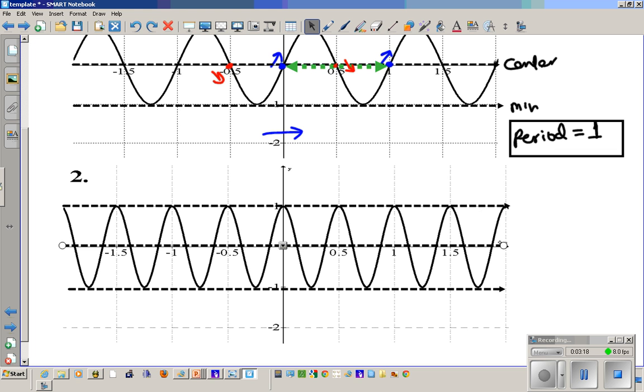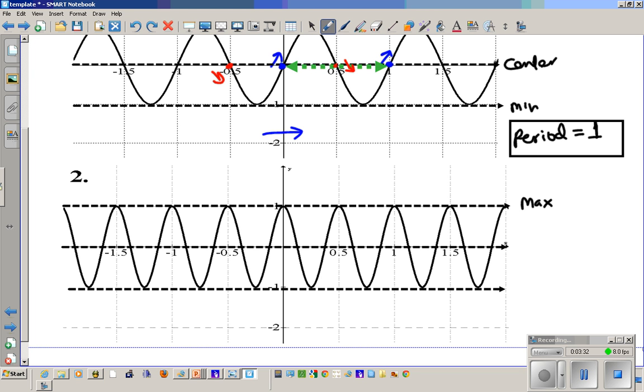Let's move that down just a little bit so it's right over the line. Okay, so this is max, center, and min.